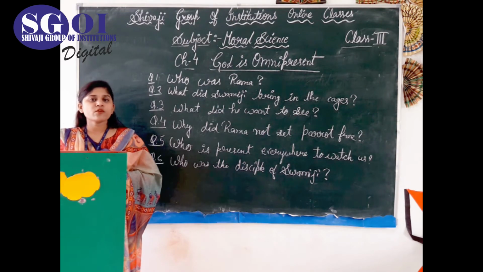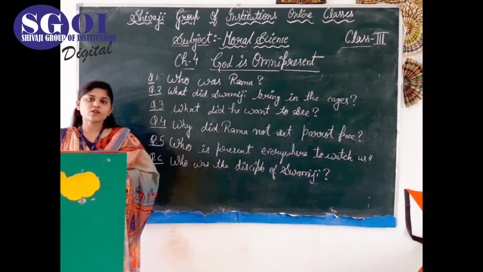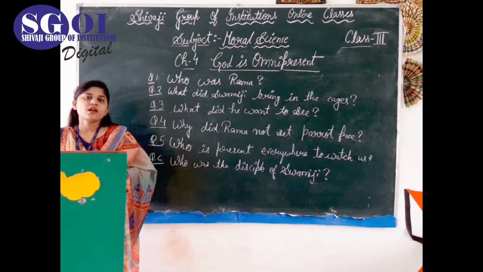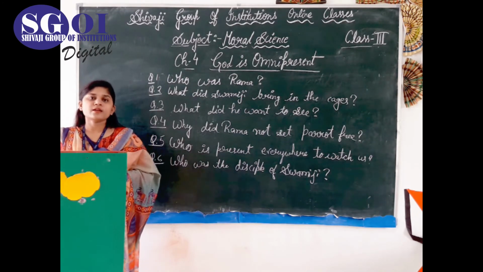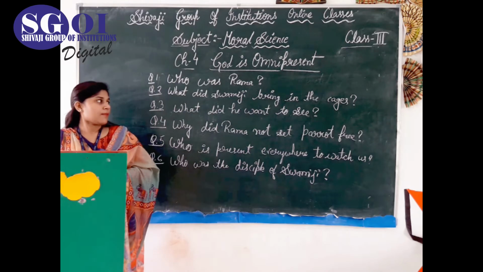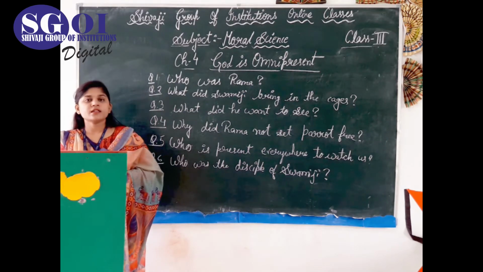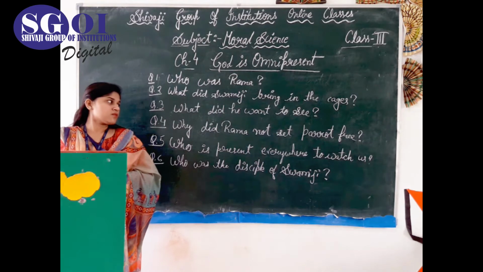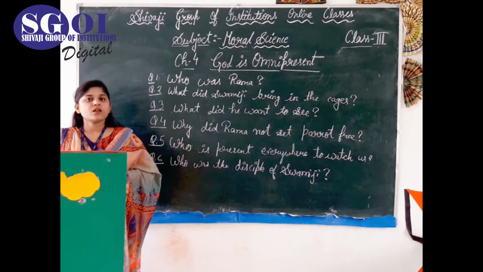He gave cages to all the students, and in the cage a parrot was also there, and he said that you all have to go to a lonely place where no one will watch you and set the parrot free.